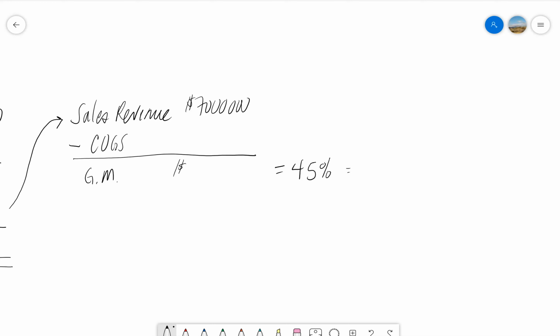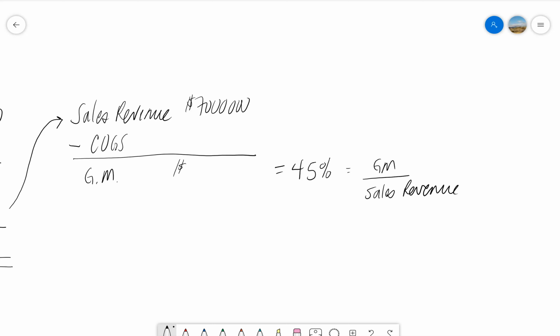Remember, 45% gross margin is basically our gross margin divided by our sales revenue. So if we knew what the dollar amount for the gross margin was, we would just take that, divide it by our sales revenue, and that would give us 45%.